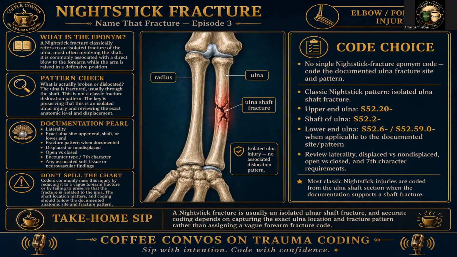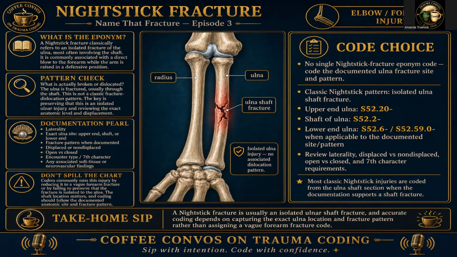That is how we're going to be sure that we don't spill the chart and incorrectly assign the code. So the common miss is assuming that every ulnar shaft fracture is just a nightstick fracture and not confirming anything else that could possibly be involved.